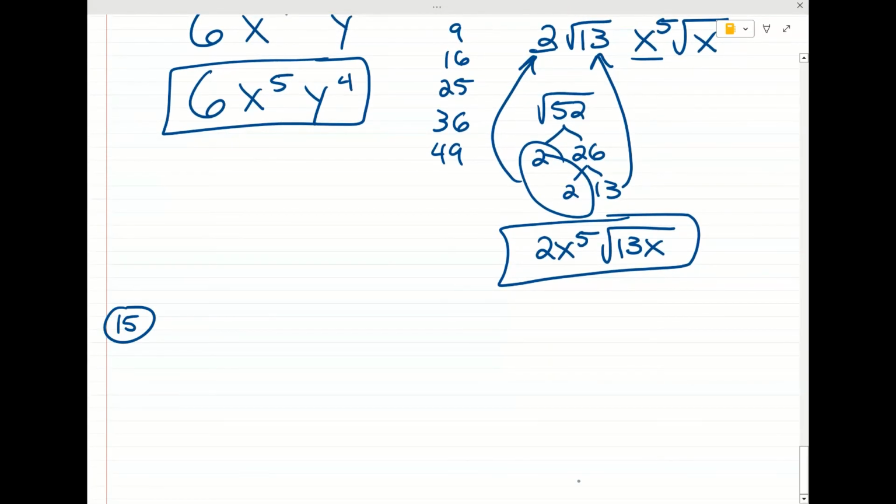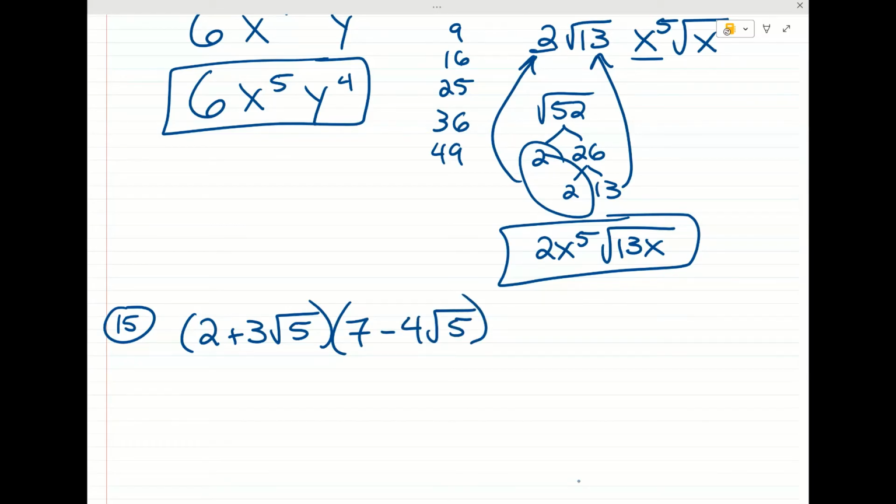For 15, what if we had 2 plus 3 root 5 times 7 minus 4 root 5? So now we're not only simplifying radicals, we are multiplying them.